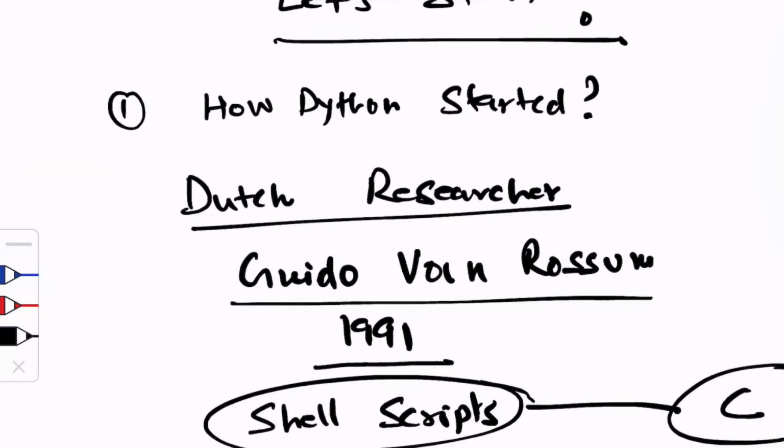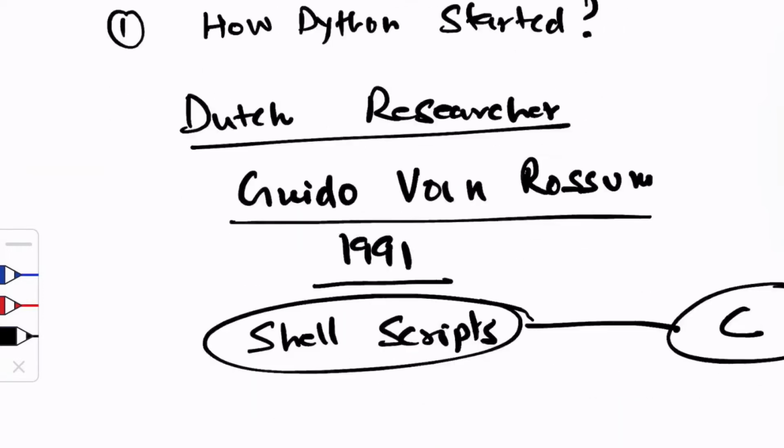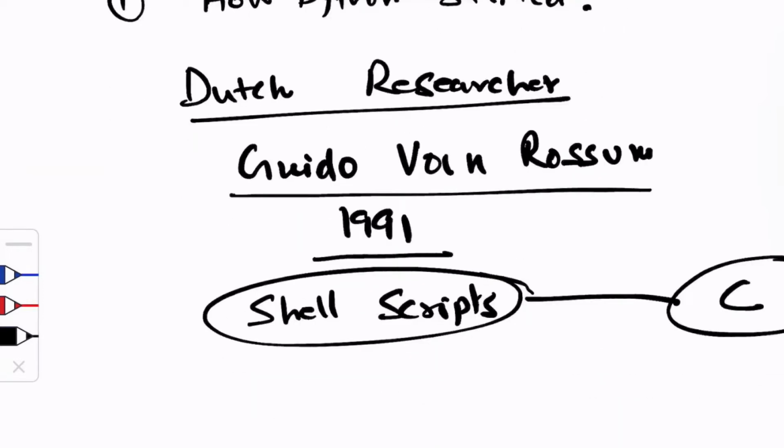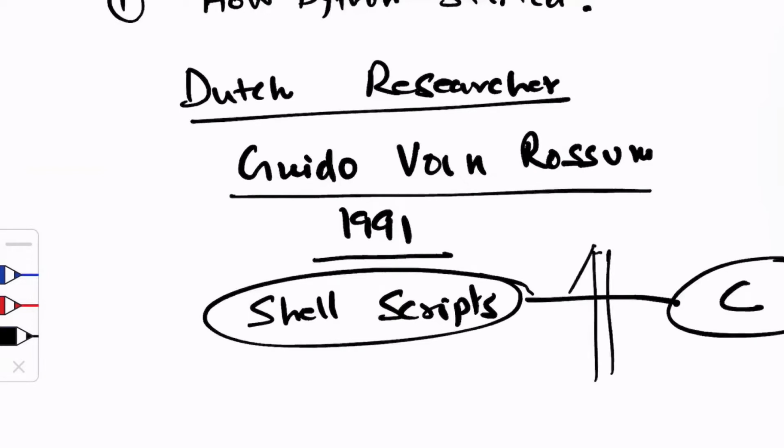If you are aware of C and shell scripts, you can understand the difference, that he wanted to create somewhere in between, some language which should be very easy to understand but should not be as verbose as C. Okay, you should not have to write so many lines of code as in C, and it should be very compact like a shell script. So that was the initial idea for Guido van Rossum.